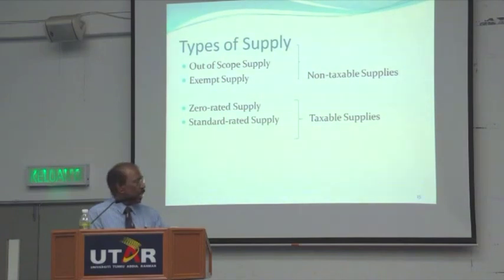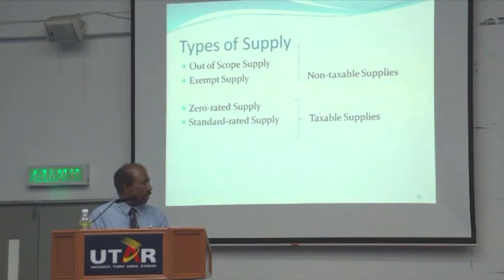Now types of supply, you can see there are 4. Out of scope supply, exempt supply, zero rated supply, standard rated supply. Out of scope means it's not taxable because we don't have the right to tax it.